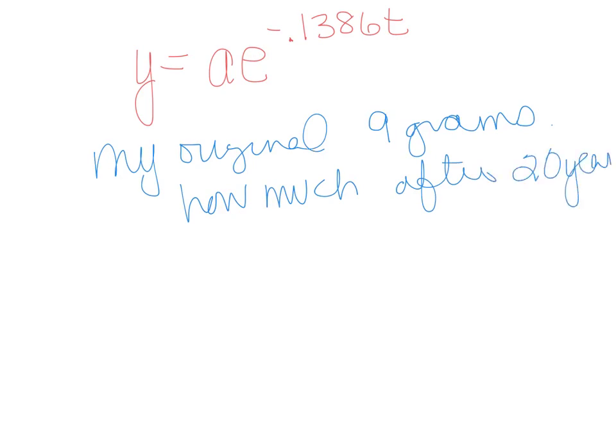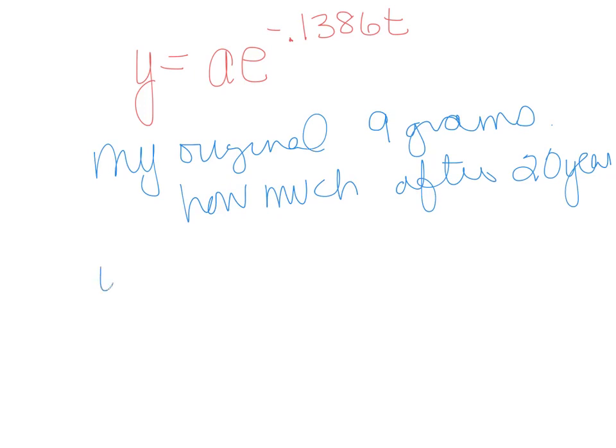Now, 20 years is a lot of half-lives, right? A half-life was only 5. 20 years is 4 half-lives. So we definitely want to have a smaller amount than what we started with by quite a bit. So that's just sort of an expectation.